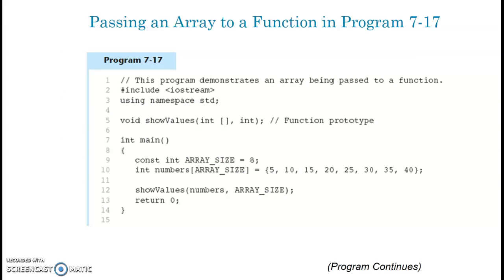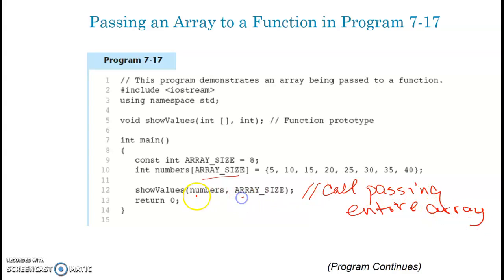So here we can see an example of the array of size 8. They gave it an initialization list. So when they go to pass it, this is a call passing the entire array, not just a piece of the array, but the entire array.